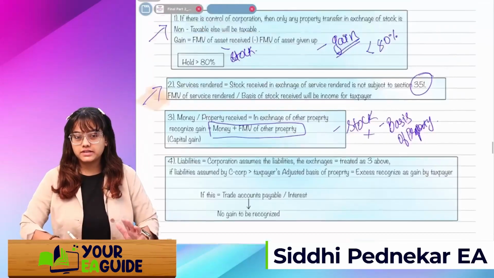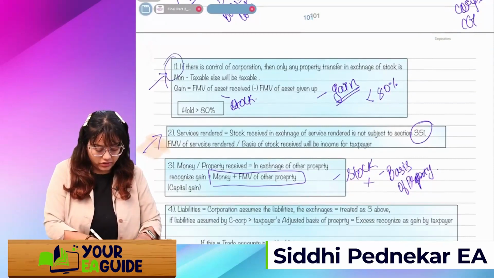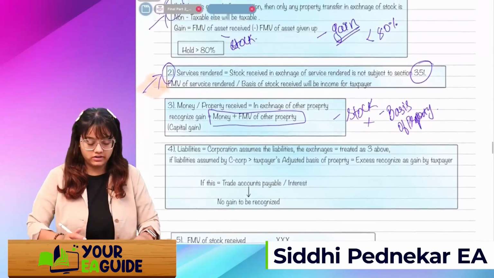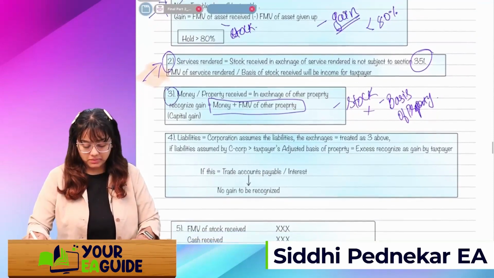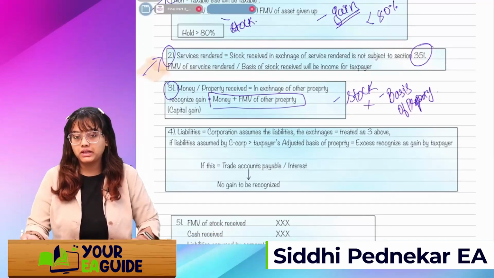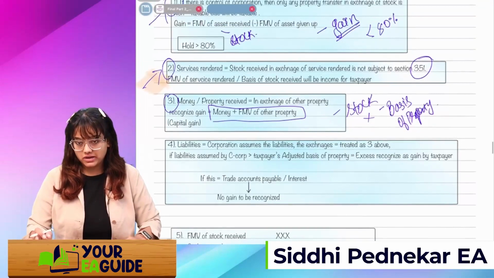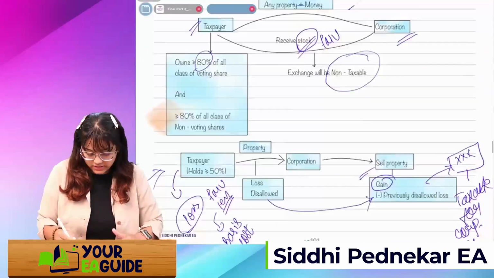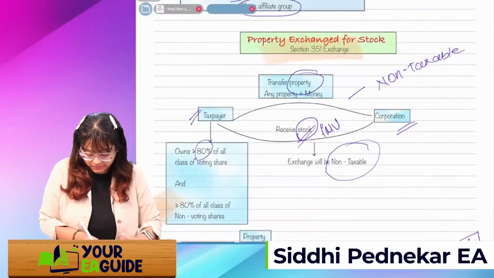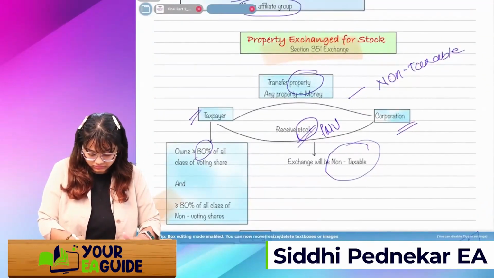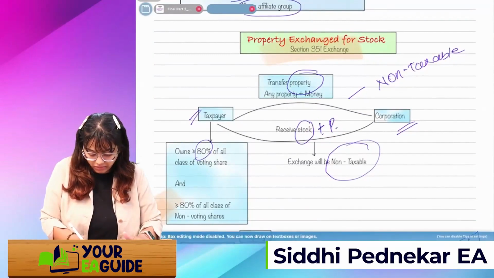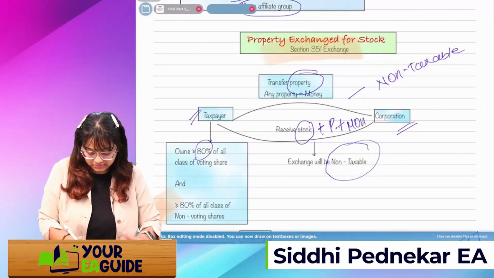Got it? The third scenario, I have included scenario-wise parts here: first scenario, second scenario, services are rendered. Third scenario, if money or property is received in exchange of other property, along with the stock. Sorry, I had not said this earlier: along with the stock, I'm also receiving property plus I'm also receiving money.